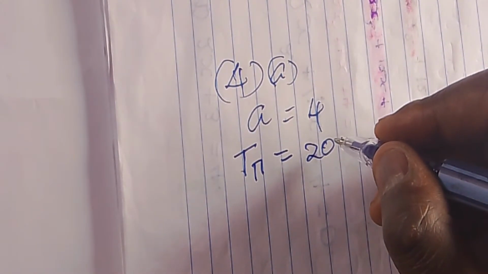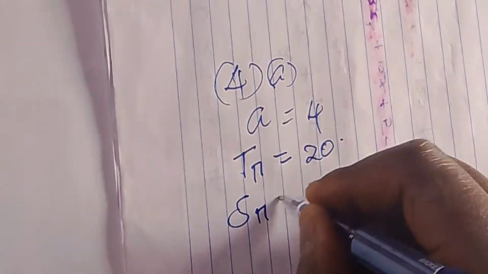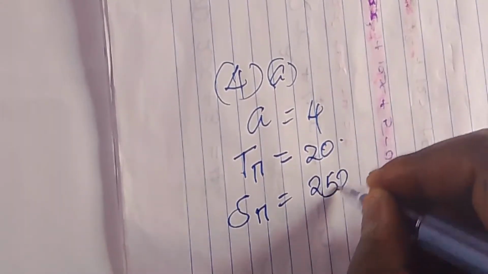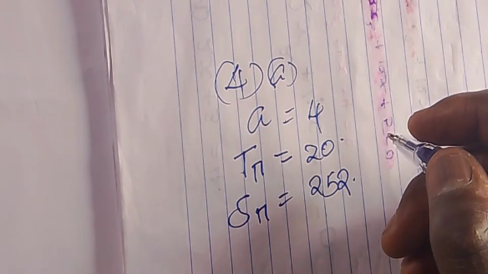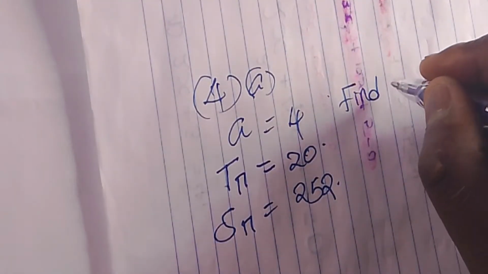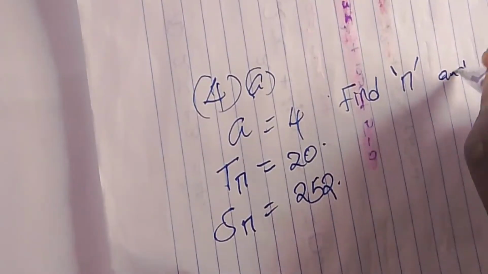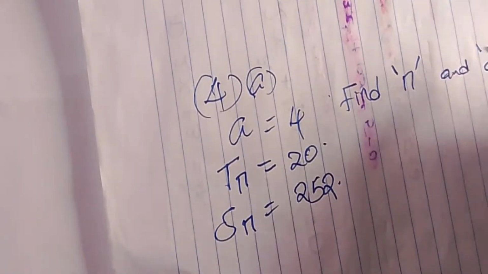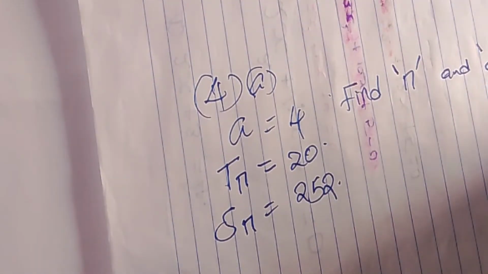The sum of the terms is 252. The sum of n is 252. The question asks: calculate the number of terms and the common difference. So find the number of terms and the common difference. That is how it is.